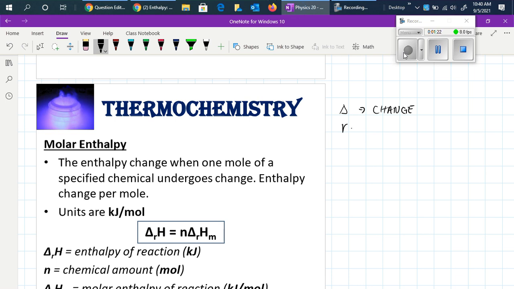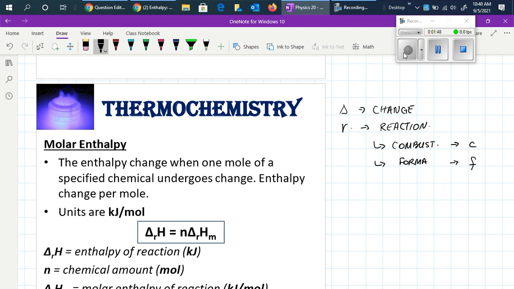R stands for the reaction. Usually, if it is a combustion, then we say C. If it is formation, we say F, and so on.